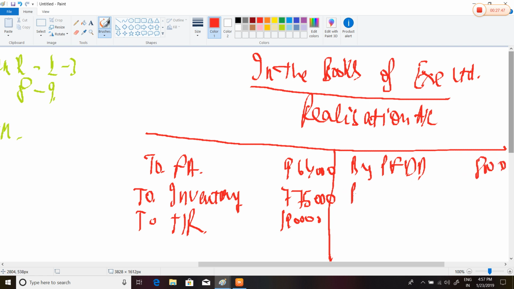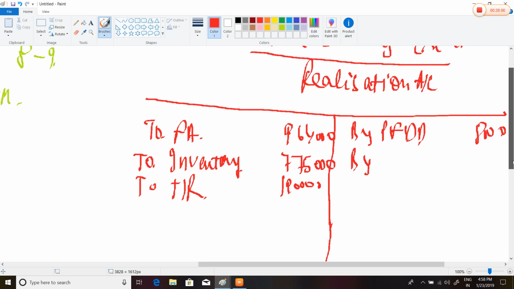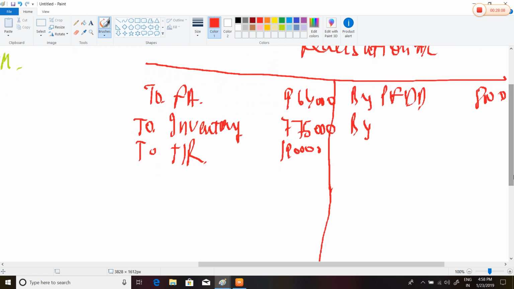See, they are not taking up the cash. Rather, they have told us to prepare cash in bank account, so we'll not realize cash here. If nothing is mentioned about cash, then you might show it in realization account.